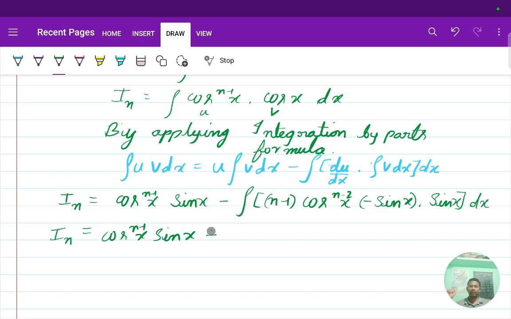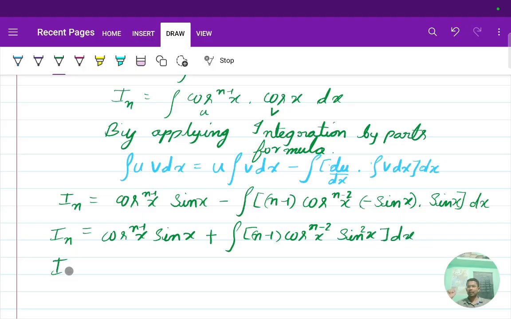Minus into minus becomes plus. Then I will write integration n minus 1 cos power n minus 2 x. Here sin x into sin x is sin square x dx, right?